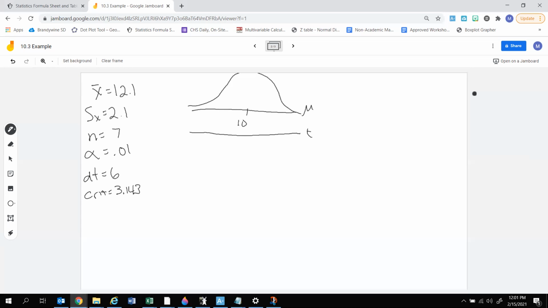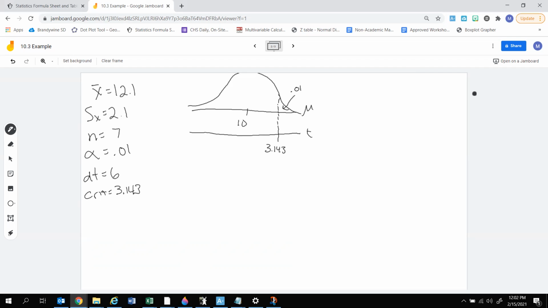Our critical value is 3.143, and we know that corresponded with a tail size of 1%. Basically, this is the number we have to beat to reject the null hypothesis. So if we get a t-score greater than 3.143, we'll land in the tail, also known as the rejection region.